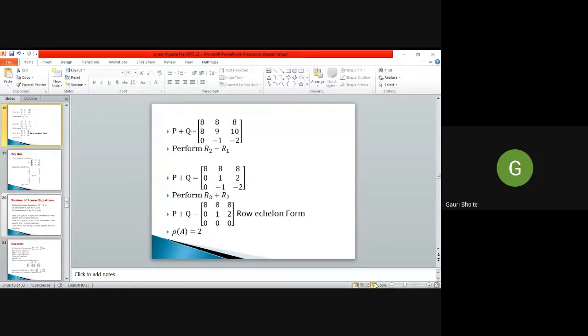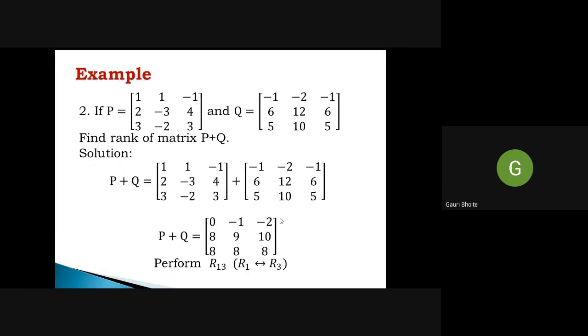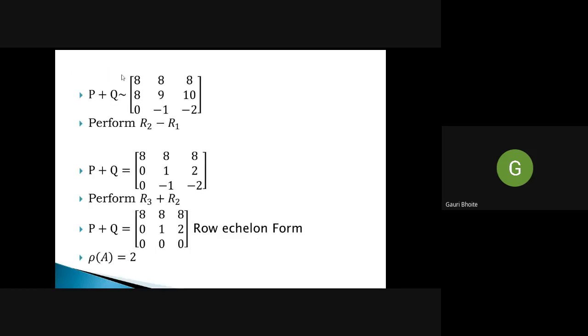Now let us see how we reduce the matrix into row echelon form. P plus Q from the previous one is 0, minus 1, minus 2; 8, 9, 10; 8, 8, 8. Here the first entry is 0, so I change the rows. I interchange the first and third rows by performing R13. So I get 8, 8, 8 as the first row, the second row as it is, 8, 9, 10, and the third row becomes 0, minus 1, minus 2.